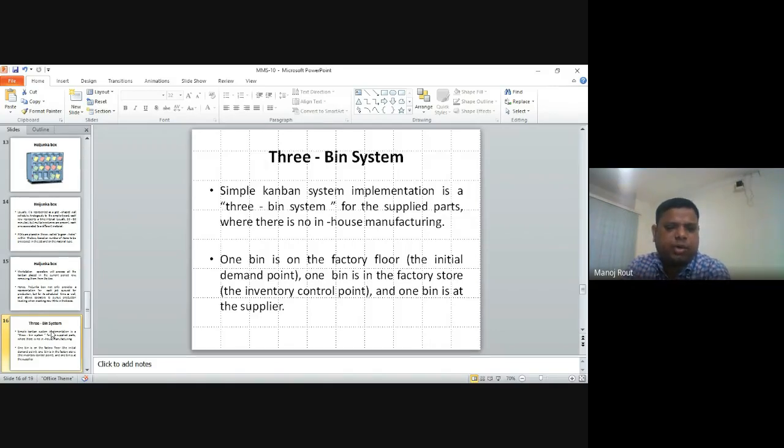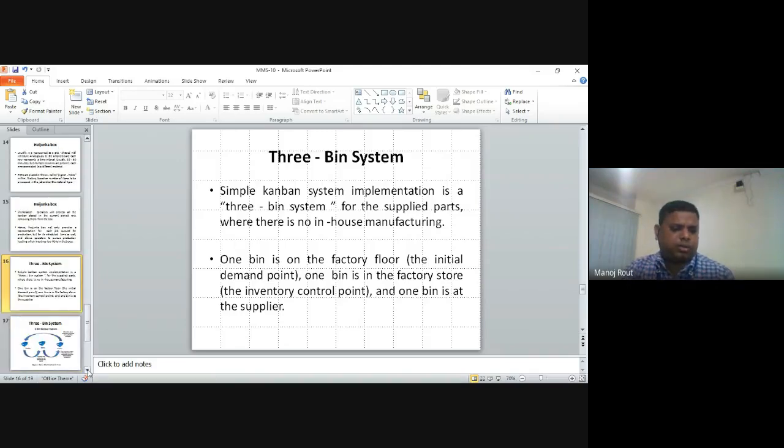One bin is for your inventory control point, and another bin is at the supplier level. I repeat, one bin for the factory floor as the demand point, second bin is set for your inventory control point, and third for your supplier.